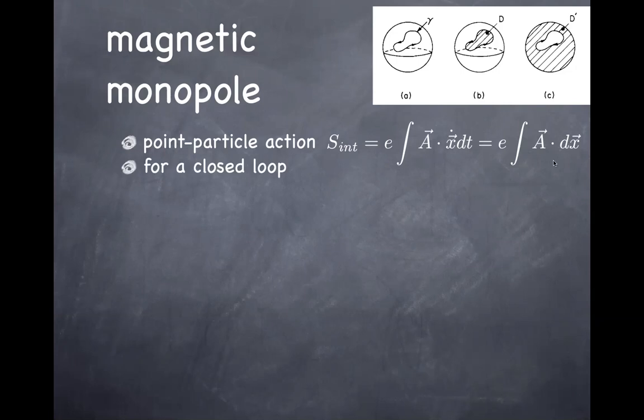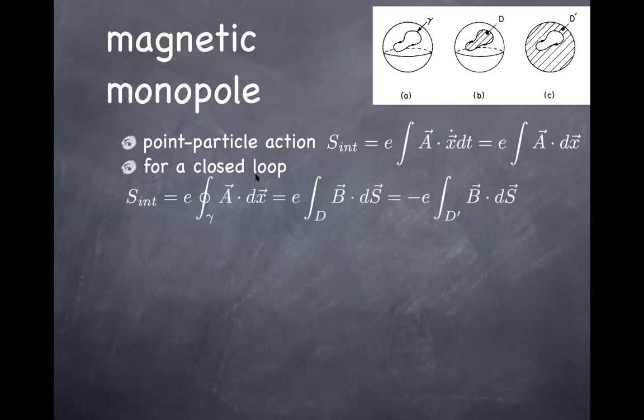So what I'd like to do is to apply this form of the point particle action on the surface of the sphere. There is a magnetic monopole at the origin, and you have a particle that is confined on the surface of the sphere. You can only move on this surface. Then if you are, for example, thinking about the partition function, you can consider a closed loop on this surface.